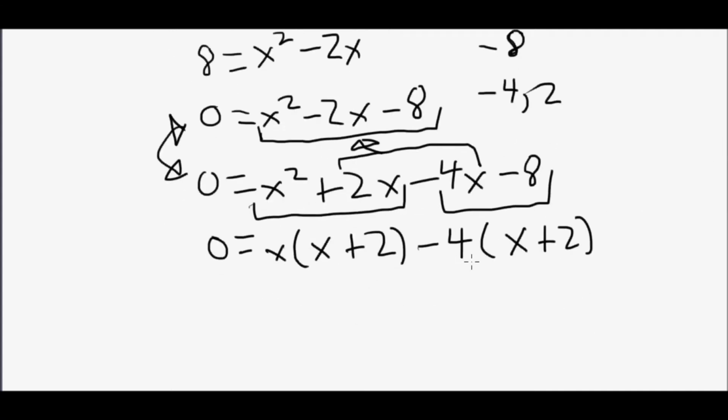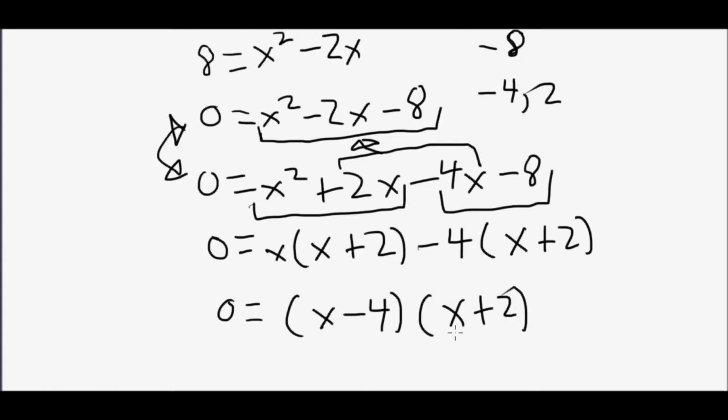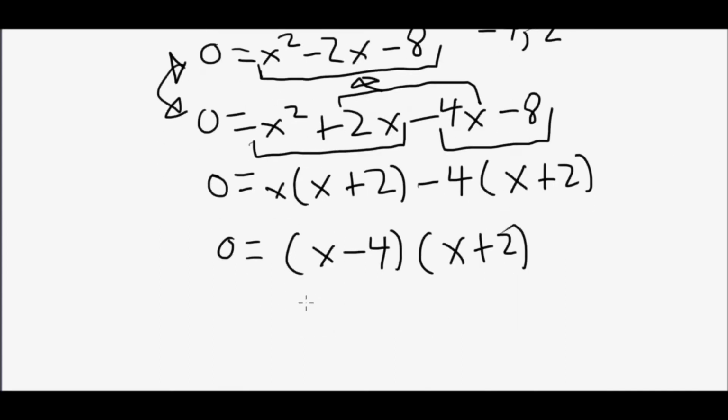Now that we have this, we can factor this even further. So we have x minus 4 and x plus 2. There we go. Now that this equation is factored, it's very easy to solve. So we know that x minus 4 is gonna equal 0, or x plus 2 is gonna equal 0.